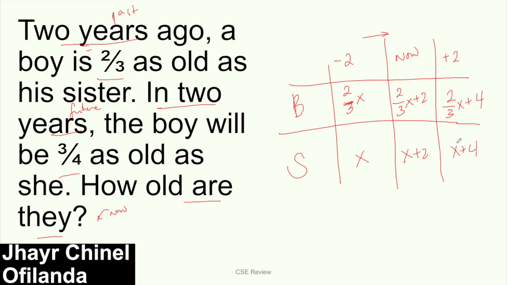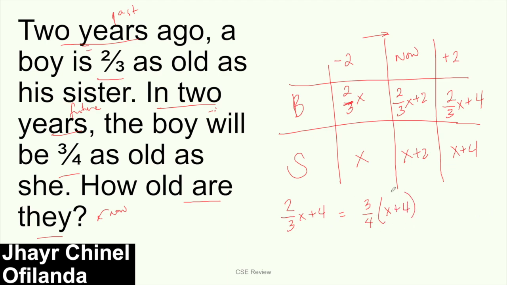At ang sabi, in this time period, or in 2 years, yung age ni boy daw, which is 2/3 X plus 4, will be, or is equal to, okay, equal siya sa 3/4 nung kanyang kapatid. In 2 years, the boy will be 3/4 of the age of his sister, which is going to be X plus 4. Hinahanap how old are they now.